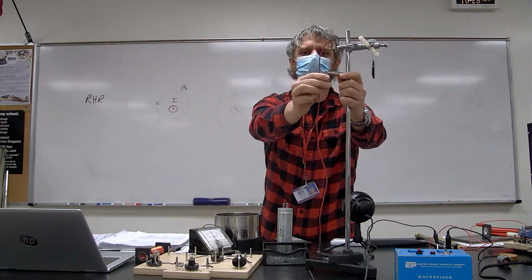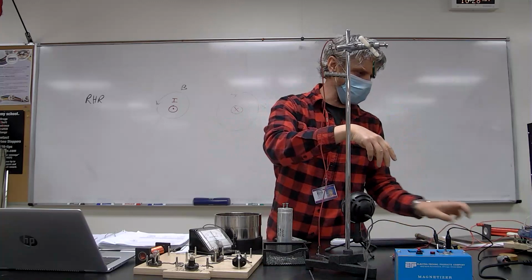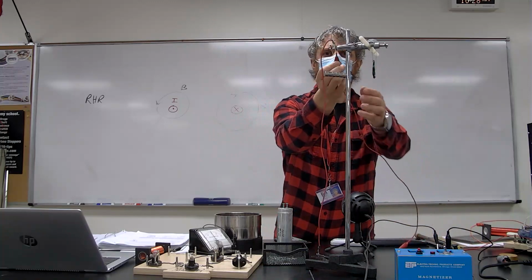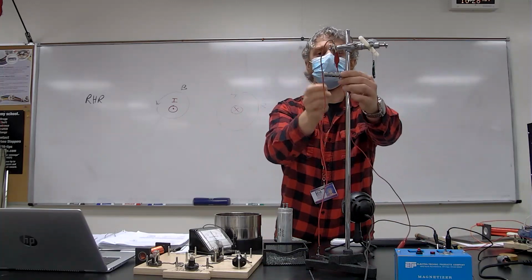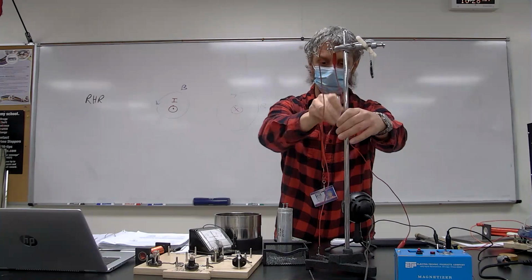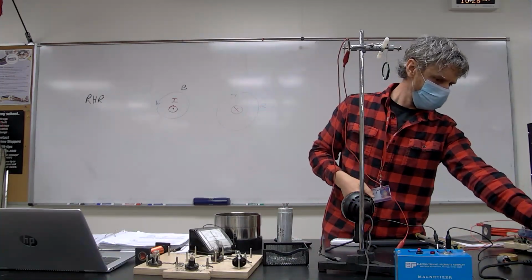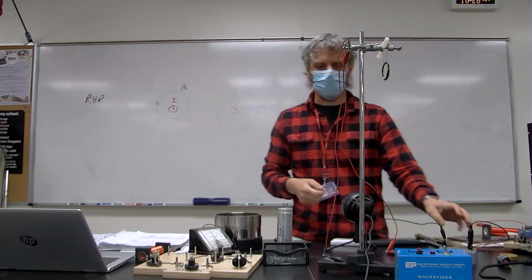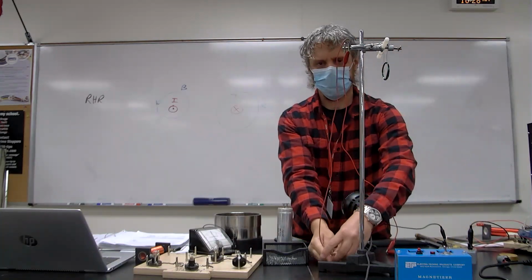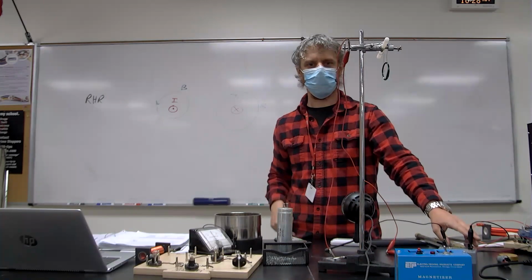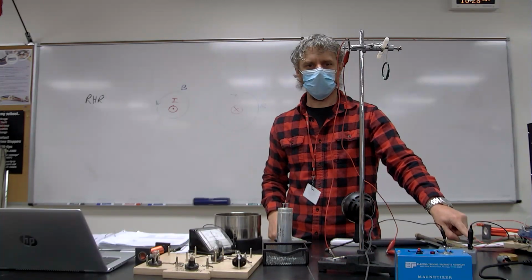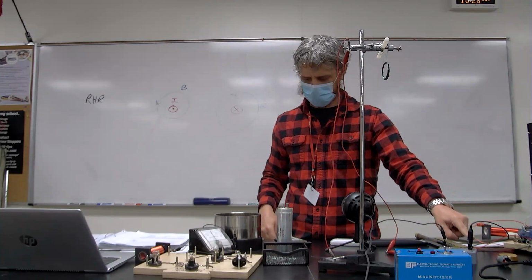And so we saw yesterday that if I put an electric current through a wire that is within the vicinity of a magnetic field... So right now I'm going to put some electric current through the wire. On, off. On, off.